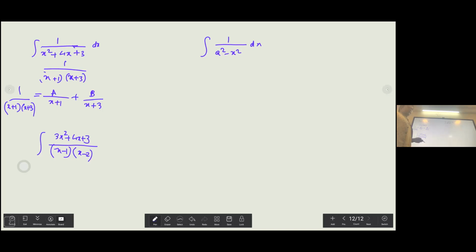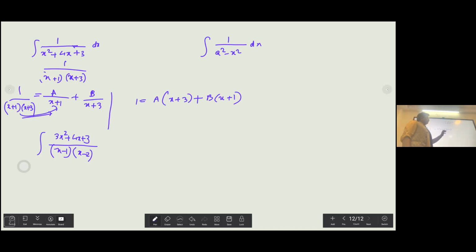Now after this step, you solve for A and B, basically cross multiplying. So 1 equals A times (x plus 3) plus B times (x plus 1). The reason is that when you cross multiply, the x plus 1 gets cancelled in one part and the x plus 3 gets cancelled in the other.